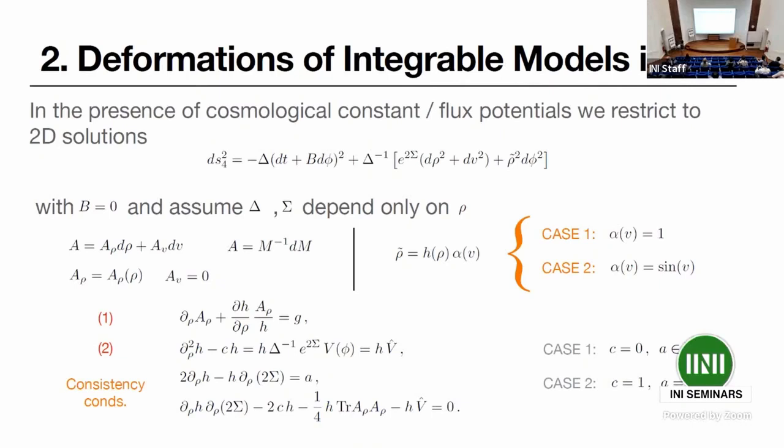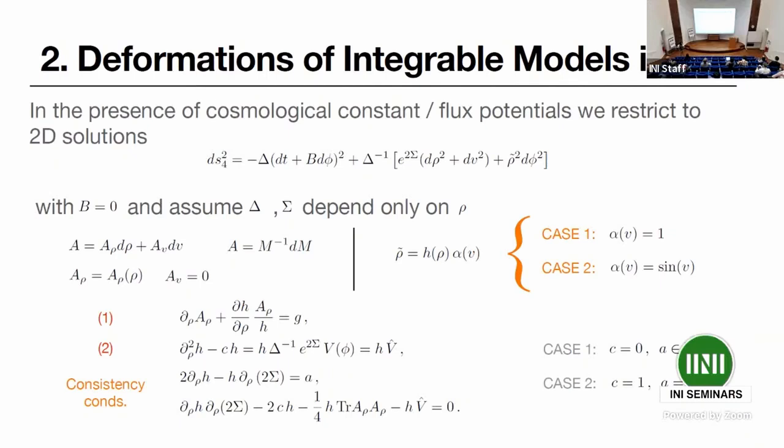If we assume that delta and sigma depend only on the radial coordinate rho, and also that the gauge field depends only on rho and is only along the rho direction, then we get these equations of motion with a similar condition as the one we had before. In this case, rho tilde, the dilaton, is now written as a product of these two functions.